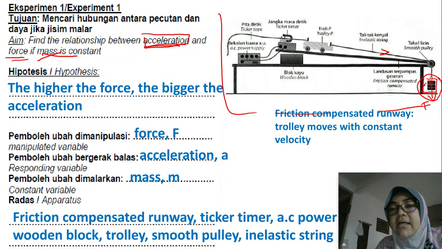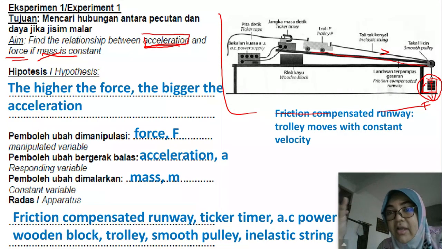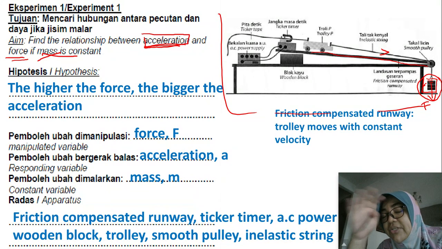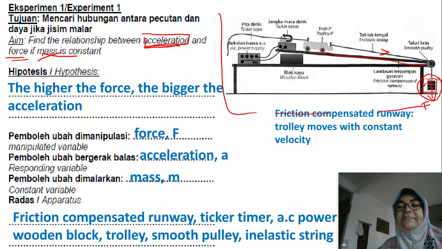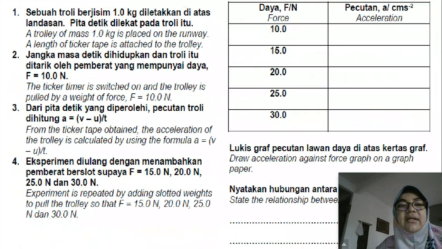Here, the runway is friction compensated, as we have done before. A friction compensated runway is a runway that makes the trolley move with constant velocity. Okay, so this is the procedure.